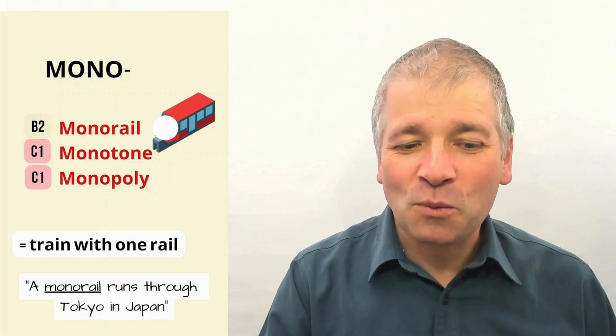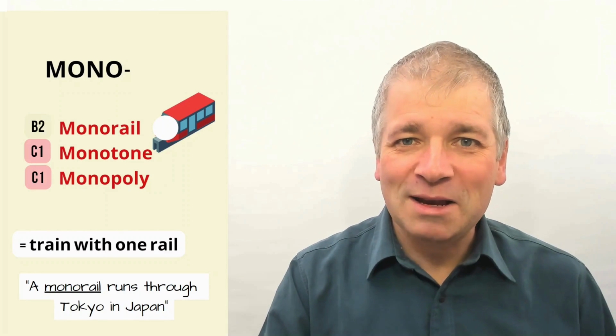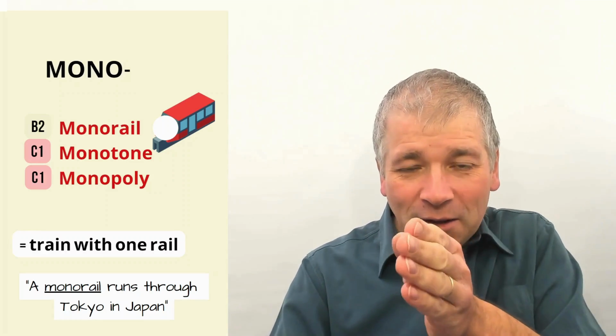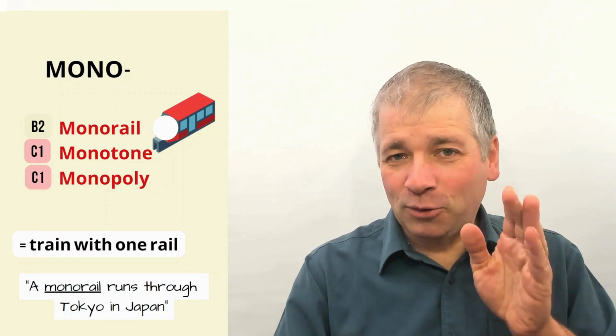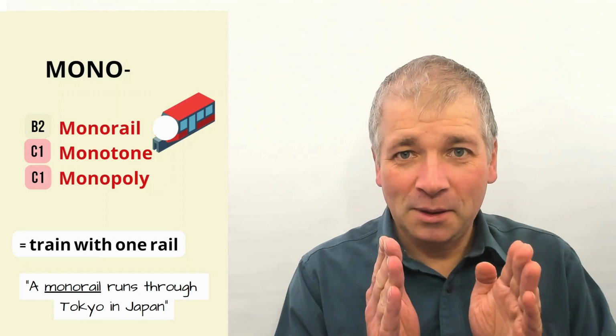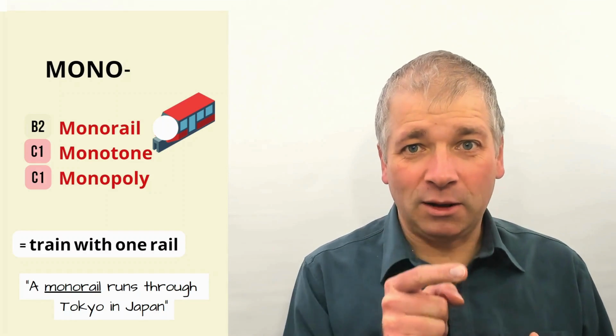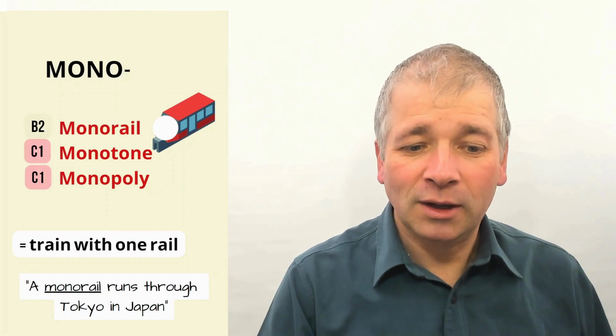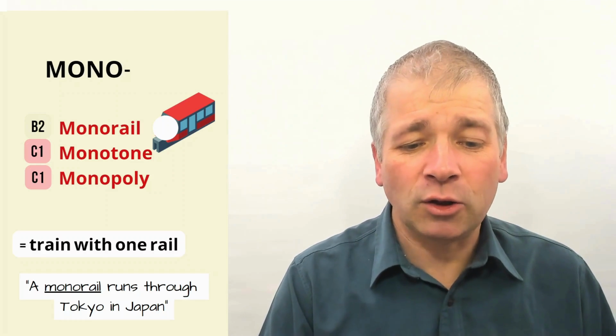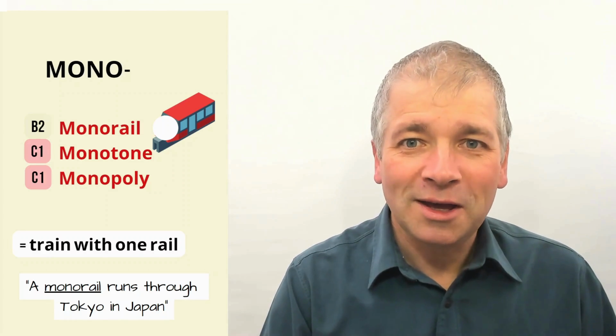In some parts of the world, we have trains that only have one rail beneath them. Most trains have two rails. But in countries like Japan, sometimes there's only one rail, and we call this a monorail. So we could say this: a monorail runs through Tokyo in Japan.